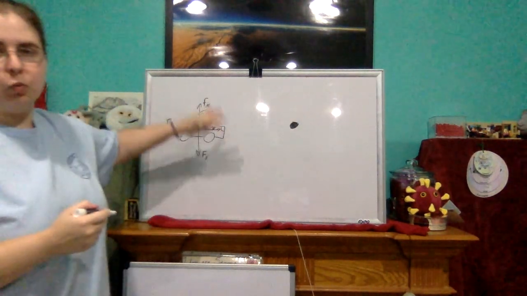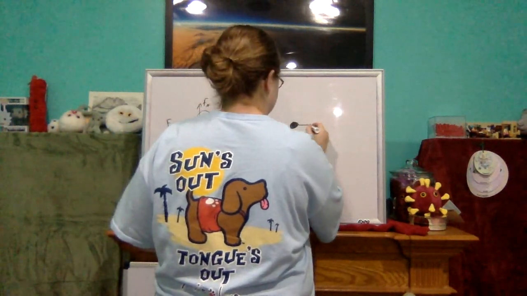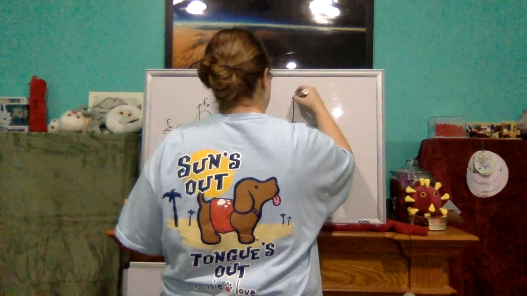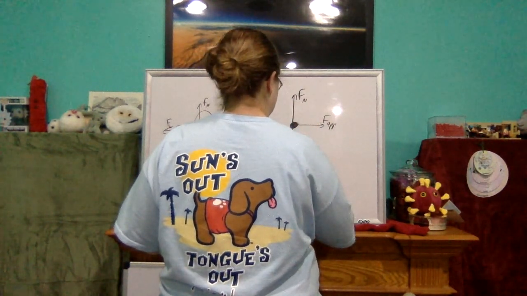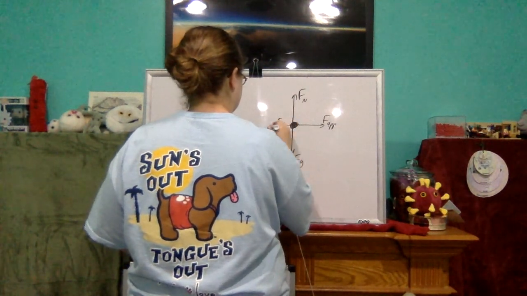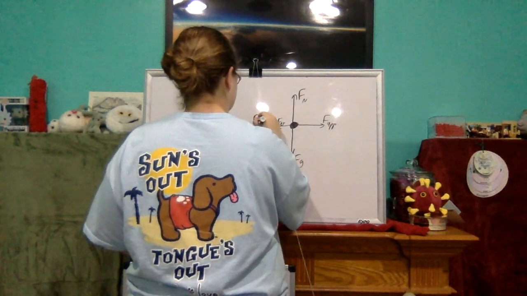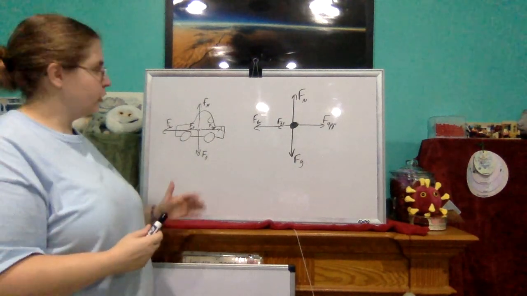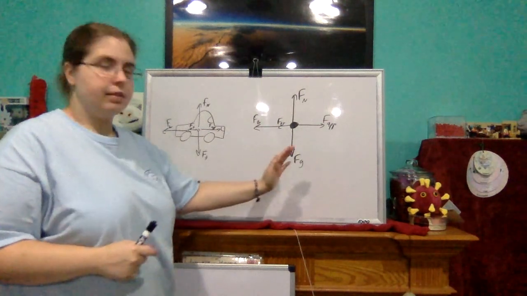Now this is more so what a force diagram looks like. When we take that and simplify it down, it's the same idea, it's just one has less detail to allow for us to focus on the arrows.